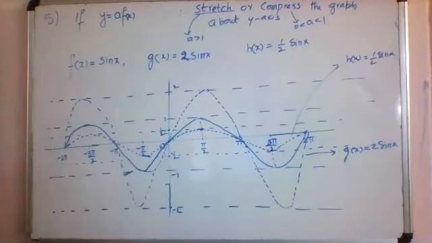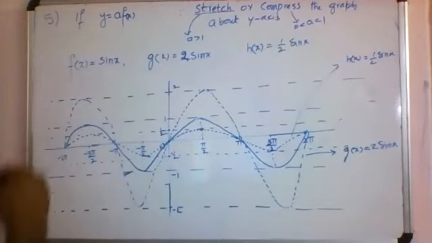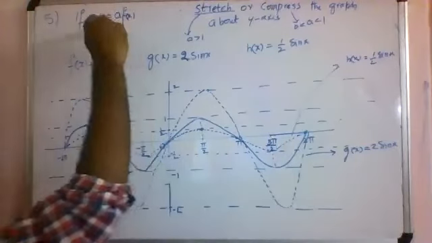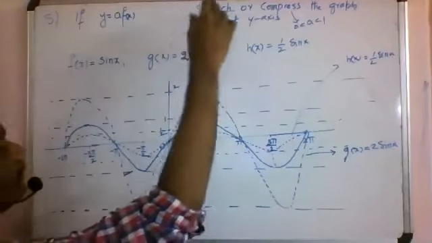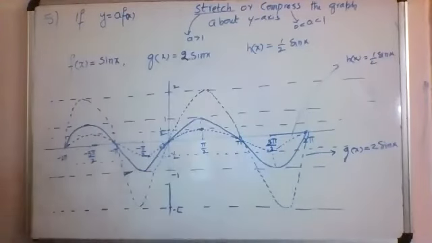If A is independent of f, then the graph is about the y-axis. But when A is going into the function, in the place of x, multiplying x with A or adding A to x, then in all the previous cases we are seeing it is about the x-axis.